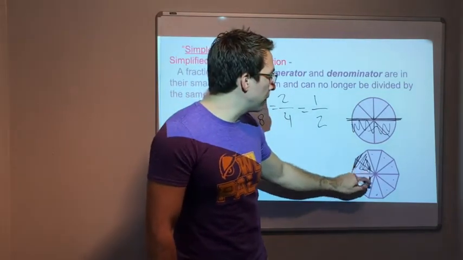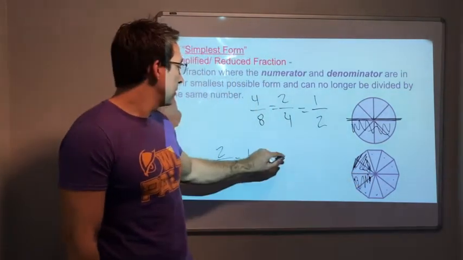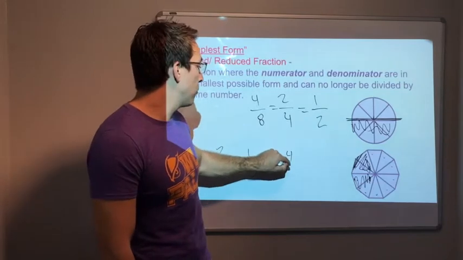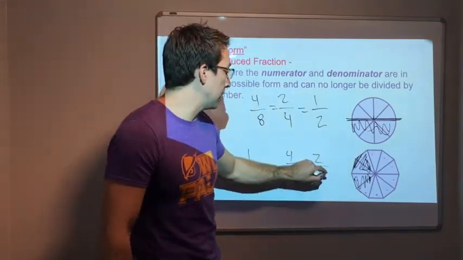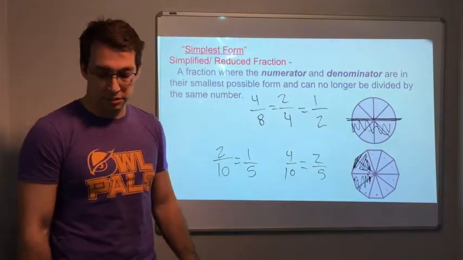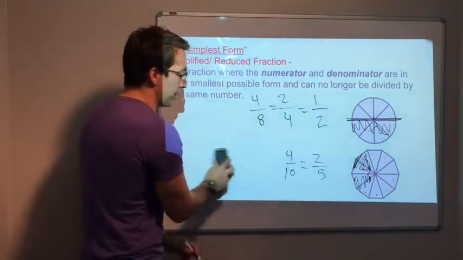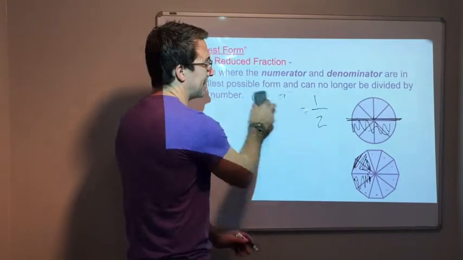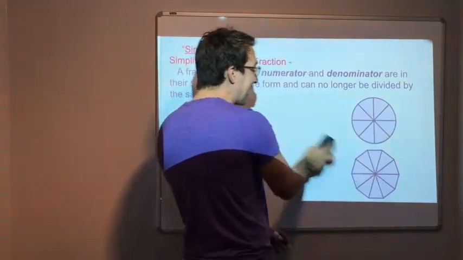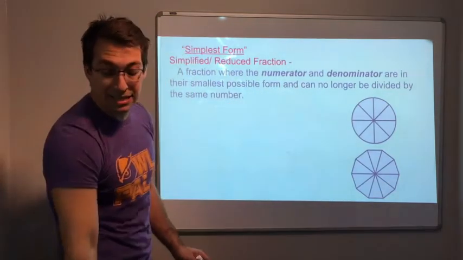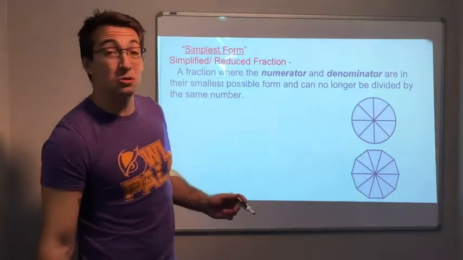Let's say we started with 4/10. 4 out of 10, we can divide them both by 2. 2 out of 5, 2/5. That's what it means to have a fraction in its simplest or reduced form. Just means that you've divided the numerator and the denominator by the same number to get it as small as possible.